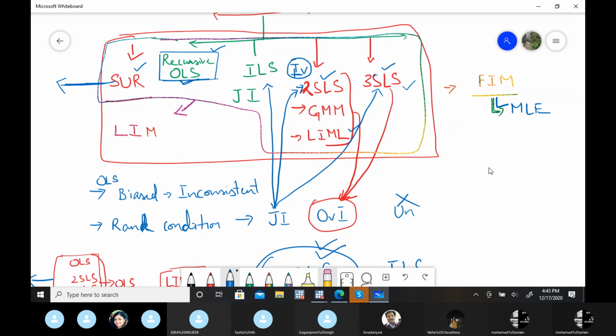Unless you know the estimation, from the examples you get an idea of how to interpret the results, but why that terminology is used, that you will get only once you do the derivation part. So I suggest, whichever method you apply, first try to understand the derivation of those estimations.